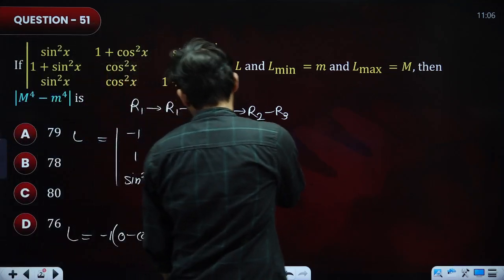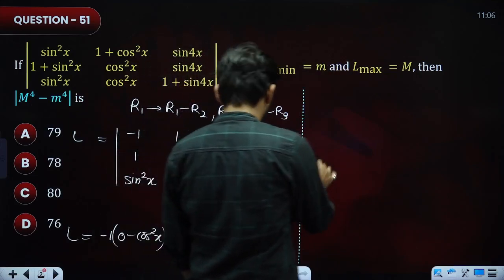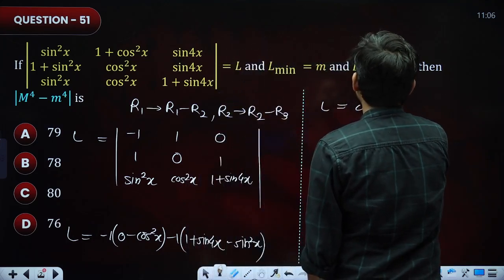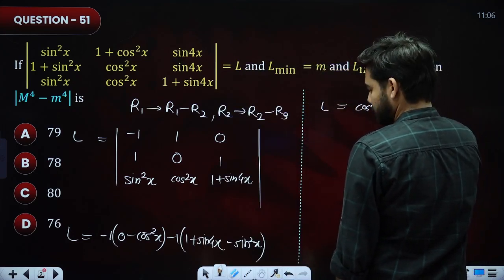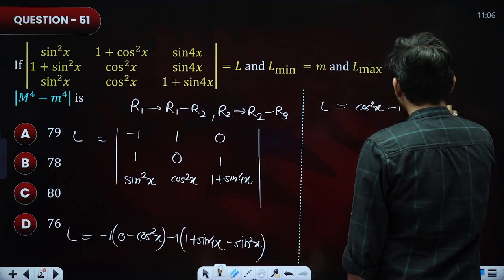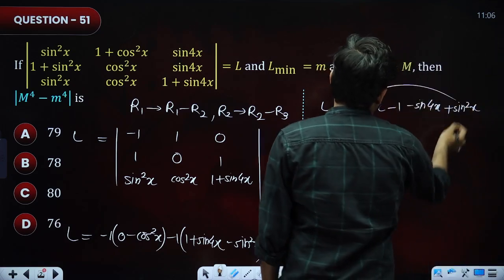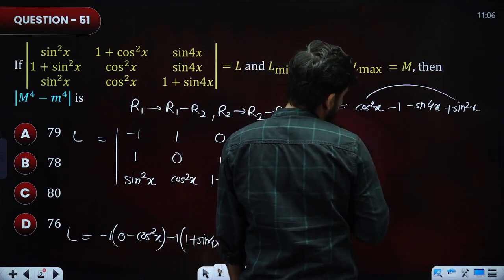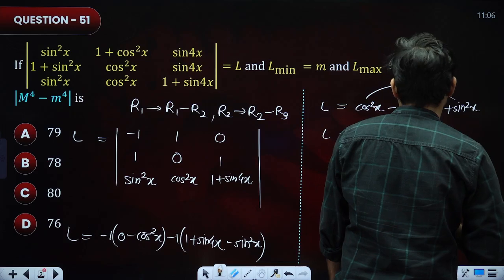And here we have 0, so we don't need to expand it, and this is equal to L. So now L is equal to cos square x, and we have minus 1 minus sin 4x plus sin square x. So for cos square x plus sin square x, we got 1 over here, and minus 1.